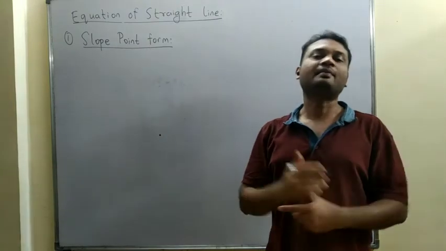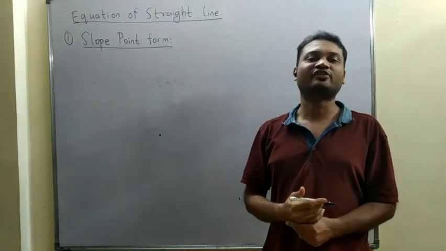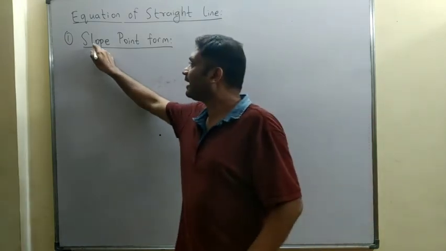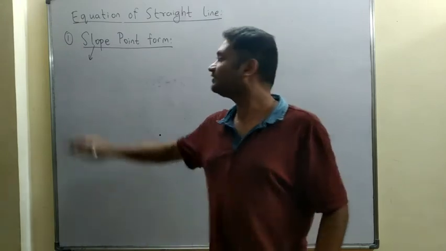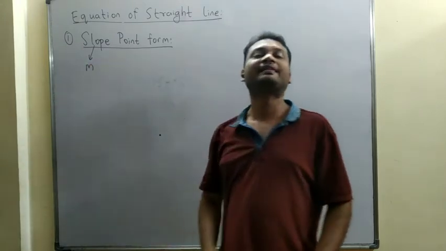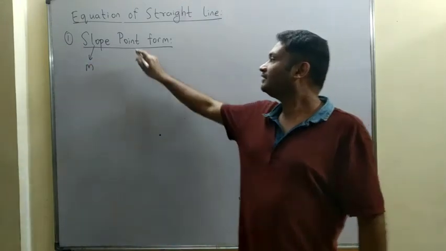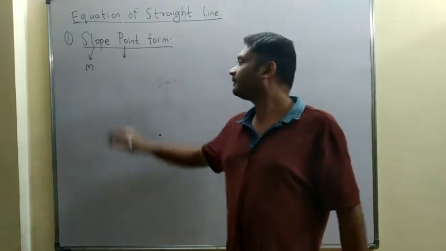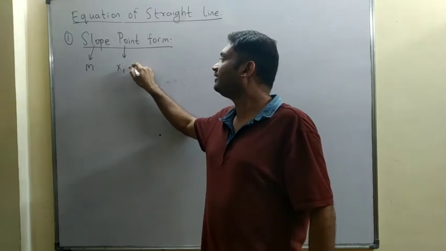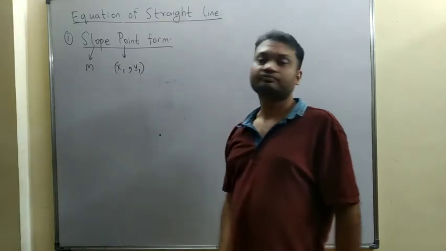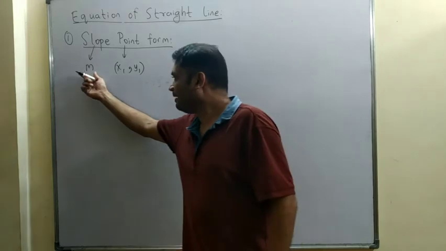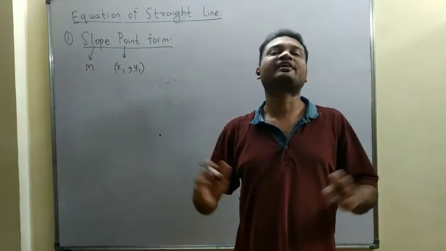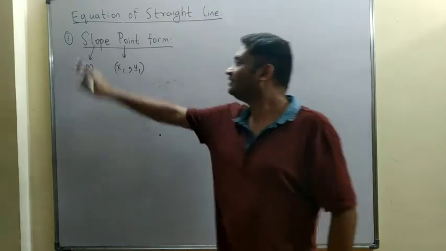So what is the general method to find the equation of a straight line? The general method is to use the parameters. One parameter here is slope, which is denoted by the symbol m. Another is a point in this case. Let us denote a fixed point by the coordinate x1, y1.